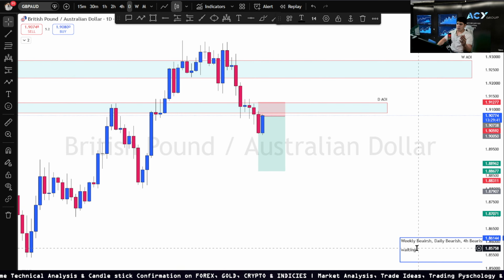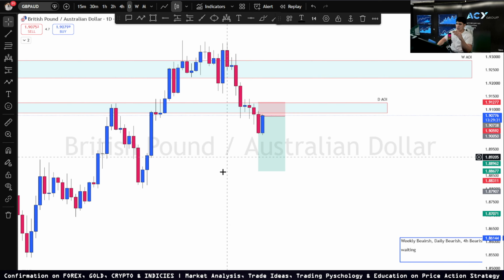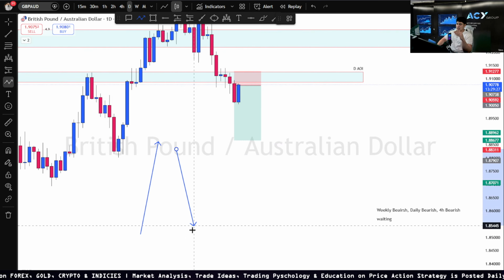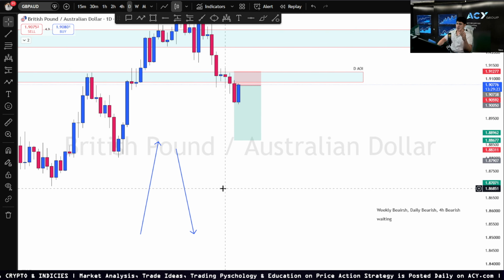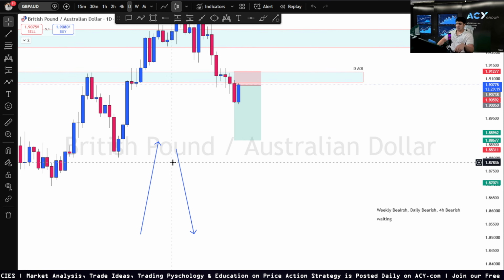Meaning, once you buy, you are betting that GBP is getting stronger than AUD. Once we sell, we are betting that AUD is getting stronger than GBP. Now let me explain again.